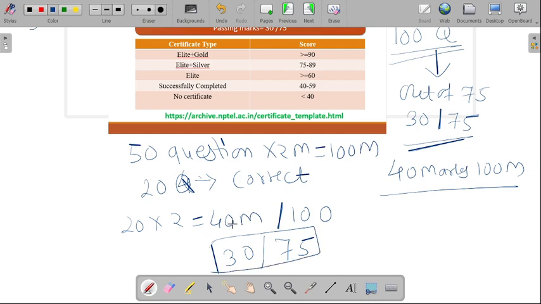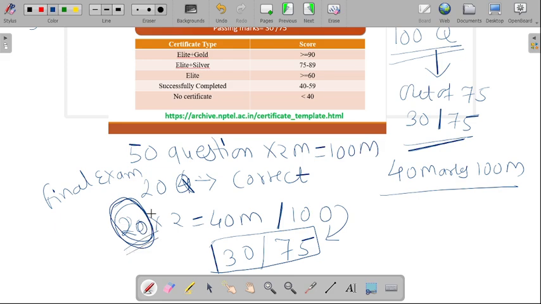So 40 out of 100 is nothing but 30 out of 75. So at least you need to solve these 20 questions correctly. If you solve 20 questions correctly, then and only then will you pass the final exam.